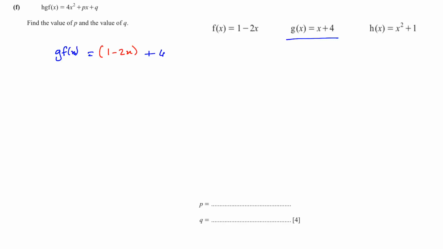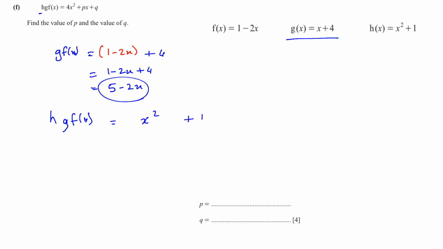And now we are going to open the bracket up. 1 minus 2x plus 4, this will give us 1 plus 4 is 5. 5 minus 2x. Now this we are going to substitute in h. What is h? x squared plus 1. So we remove the x and we will write 5 minus 2x.